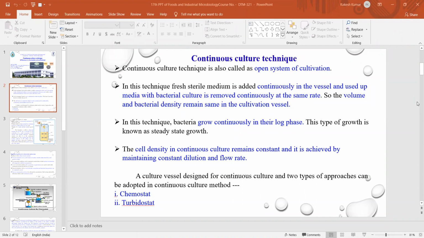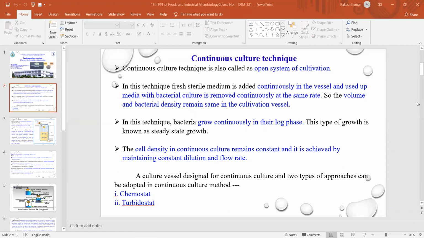We are taking fresh sterile medium which is added continuously in the fermenter, or you can say the vessel you are using for that fermentation process, and used media with bacterial culture is removed continuously from the system at the same rate. And because of that, the volume and bacterial density in the system remain the same inside that cultivation vessel.